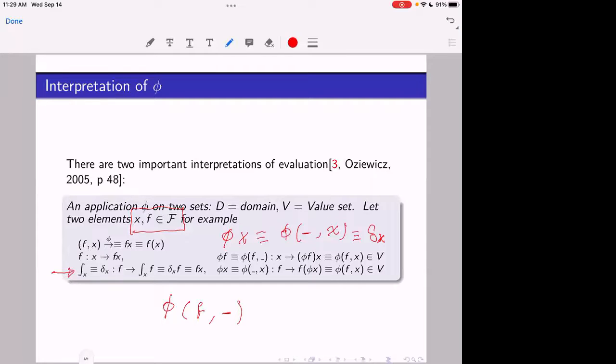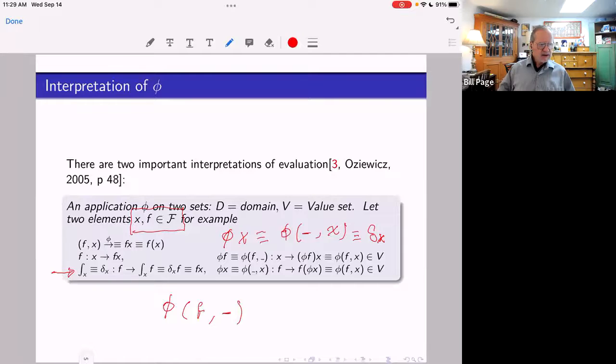Yes, yes. So it seems clear to me that I can write x as an element of the scalar field, but not so clear to me that f should also be an element of the scalar field.